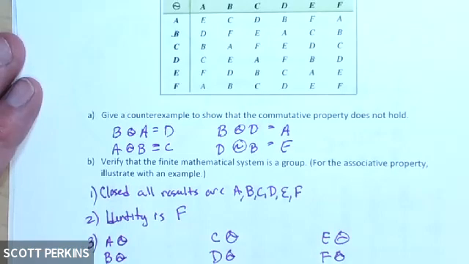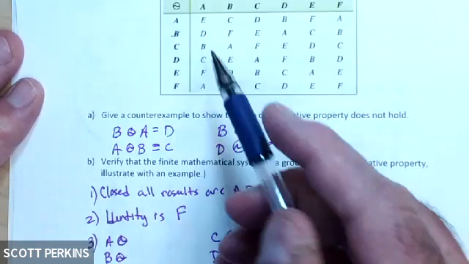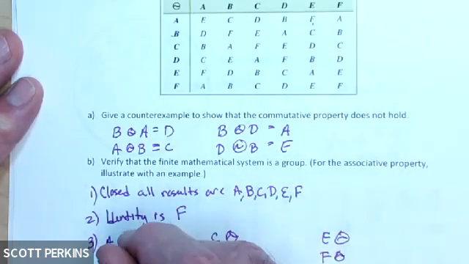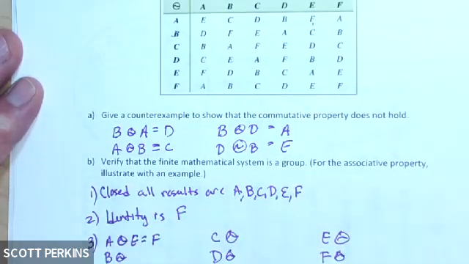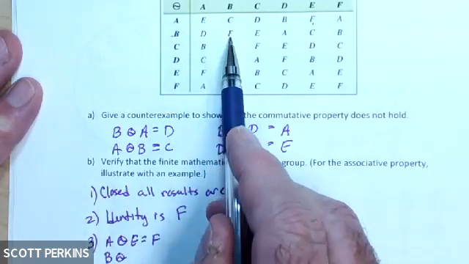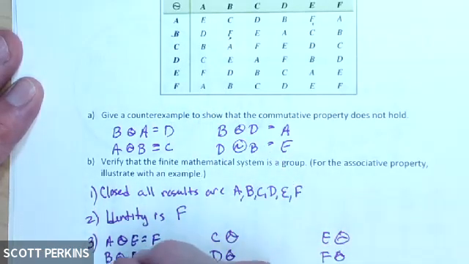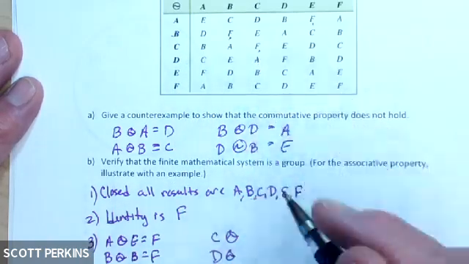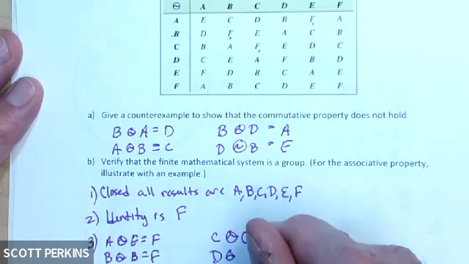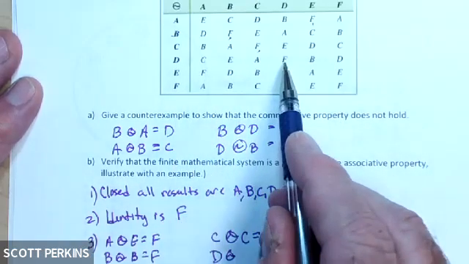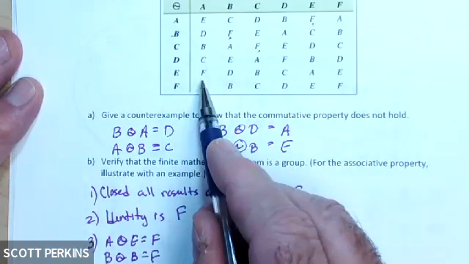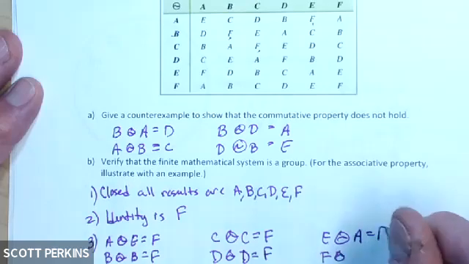Okay, so I want to know each time what one gives me an F. So for A, I combine it with E to produce F. So it has an inverse, so far so good. B, I combine with itself to get F, so 2 for 2. C combined with itself gives me F. D combined with D, it's not super interesting. E combined with A, and then probably F with itself. There we go.